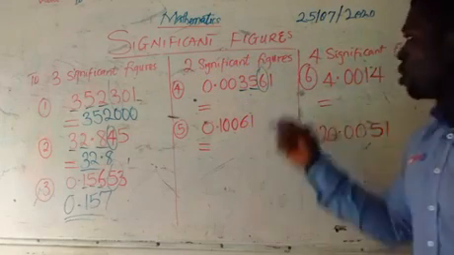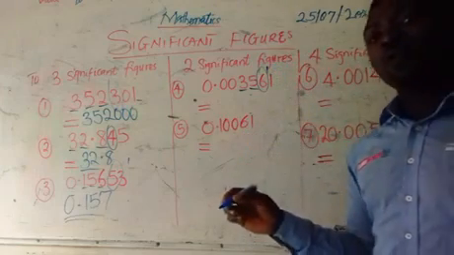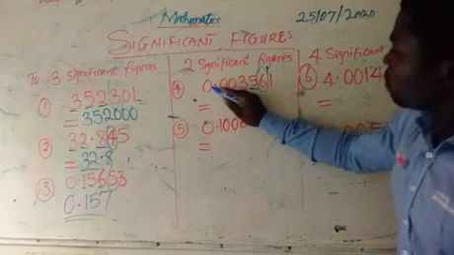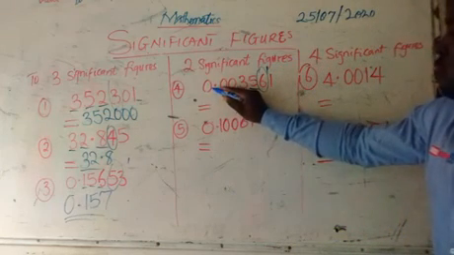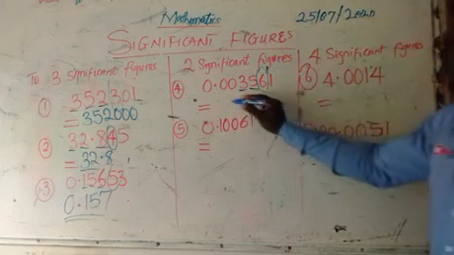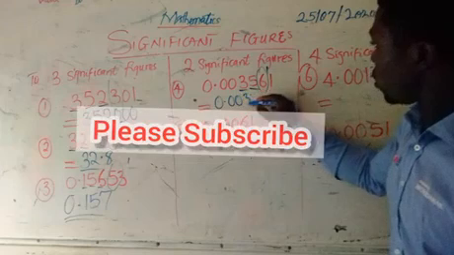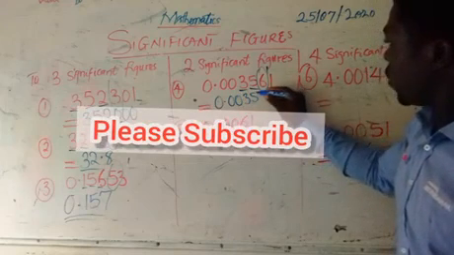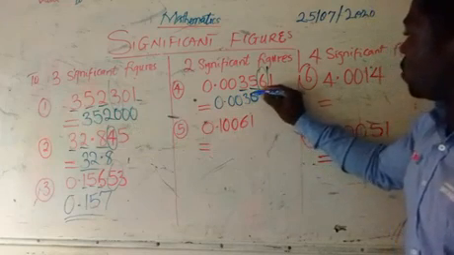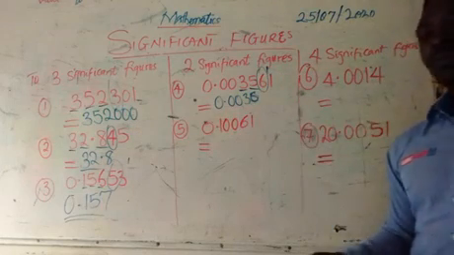So we round it up to 1. So we are now going to have 0.0035 plus 1, which will give us 0.0036 altogether. So 5 plus 1 will give us 6.